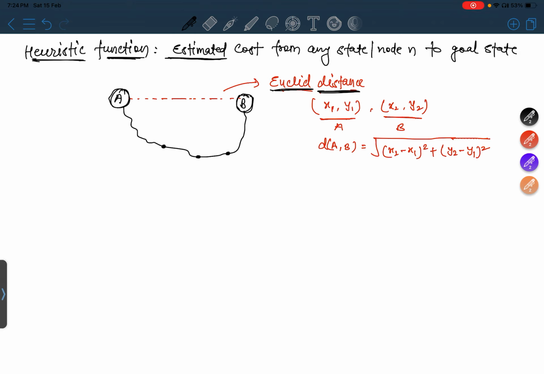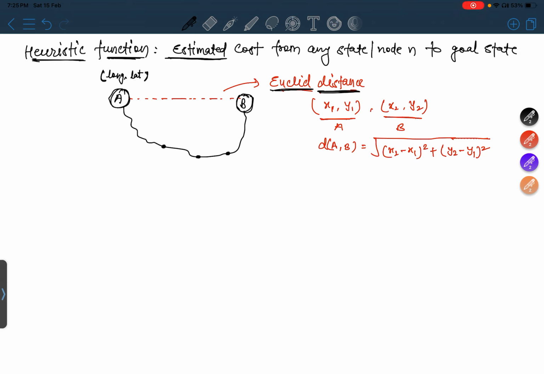So to calculate the shortest distance between 2 points, if you're talking about two cities, you have studied coordinate systems, right? Each city has a longitude and latitude.